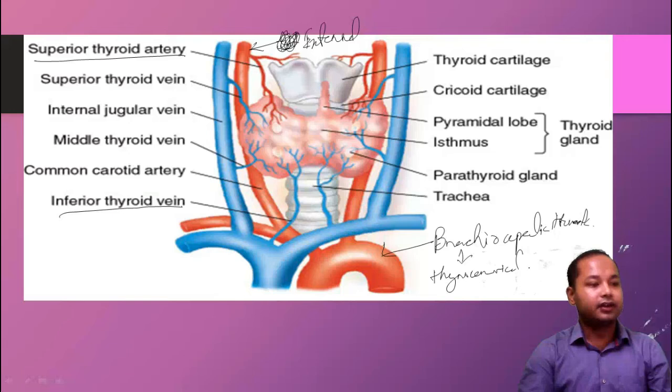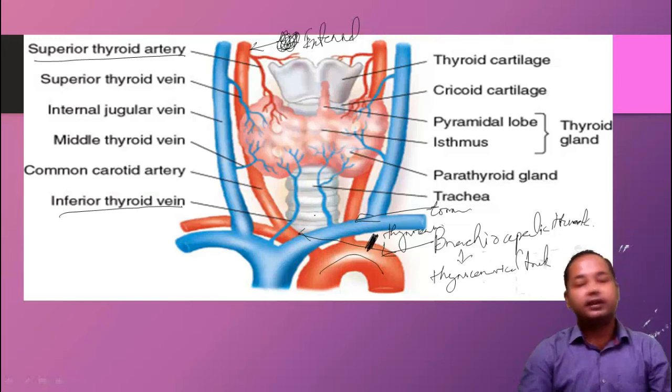This is the arch of aorta, this is the brachiocephalic trunk, and here is directly the common carotid artery. From the brachiocephalic trunk there is an artery arising called the thyrocervical trunk. From the thyrocervical trunk the inferior thyroid artery arises.